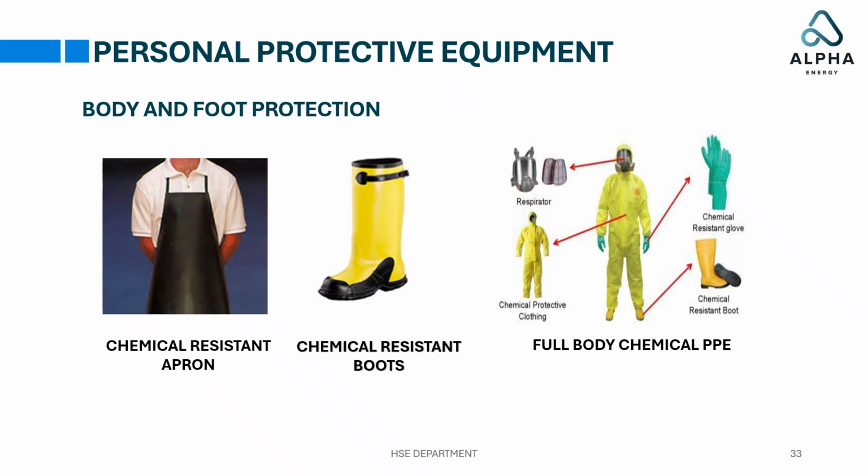Body and foot protection is necessary when working with chemicals. These are three key categories of protective gear: a chemical-resistant apron, which provides front body protection against splashes; chemical-resistant boots, designed to protect the feet and lower legs from corrosive or hazardous liquids; and full-body chemical PPE, which depicts a comprehensive ensemble including a respirator, chemical protective clothing, full suit, chemical-resistant gloves, and chemical-resistant boots.